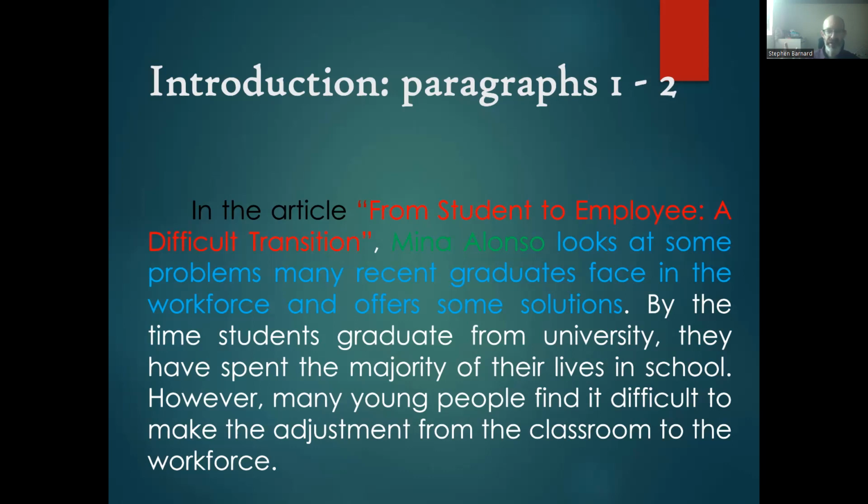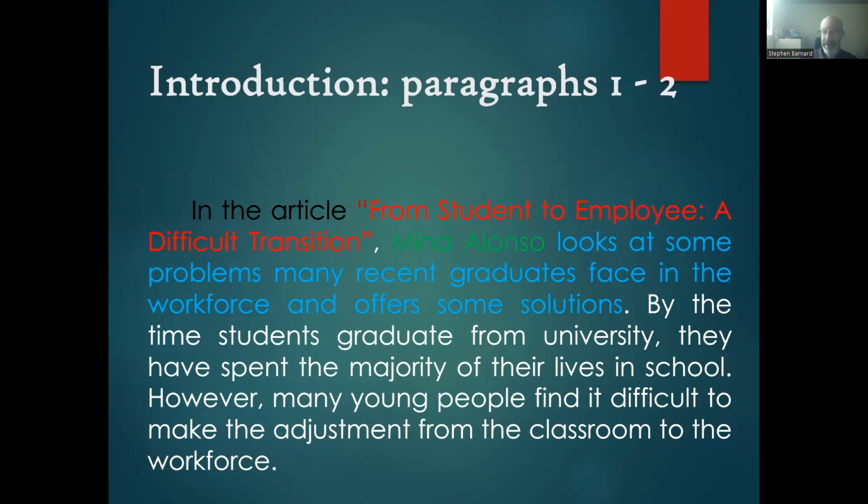I've mentioned the author of the article, Mina Alonso, and then I have the purpose of the article. Why did she write this? She looks at some of the problems that many recent graduates face in the workforce, and she offers some solutions. Great. So title, author's name, and the situation or the background of the article.